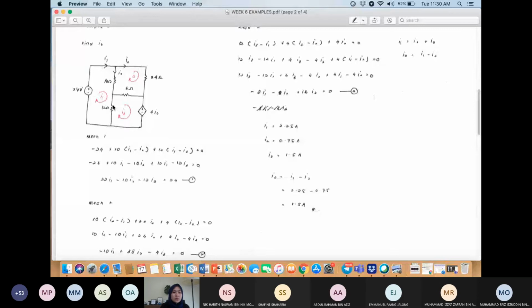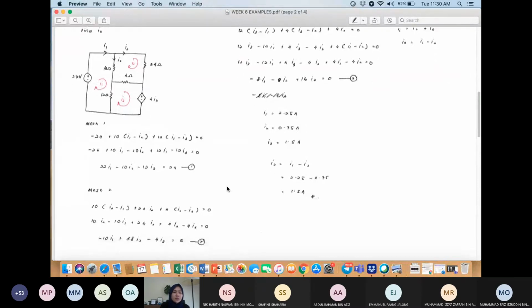So the voltage should become 12 multiplied with I1 minus I3 equals to 0. If you simplify this, you will get 22 I1 minus 10 I2 minus 12 I3 is equals to 24. So this is the first equation, equation 1.